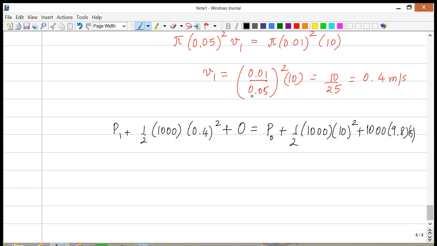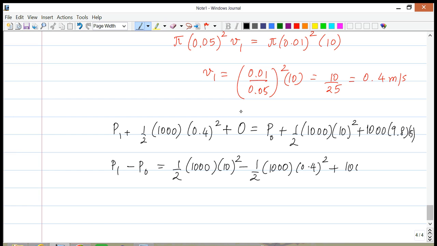So you see this is the rho g h term, and the gauge pressure has a lot more things going on here. So I'll write it as P1 minus P0, and the right hand side I can write as 1/2 times 1000 times 10 squared minus 1/2 times 1000 times 0.4 squared plus 1000 times 9.8 times 5.